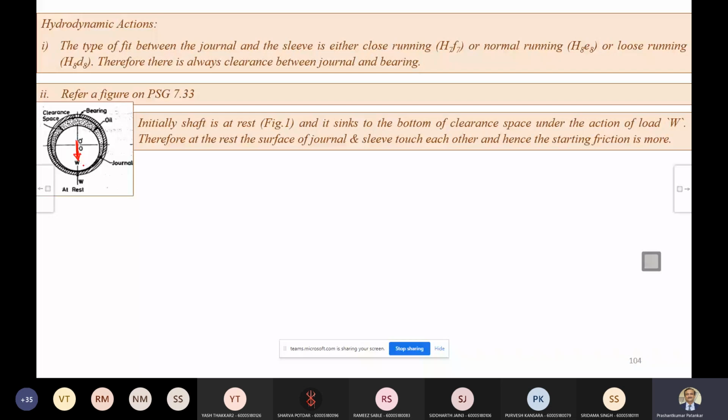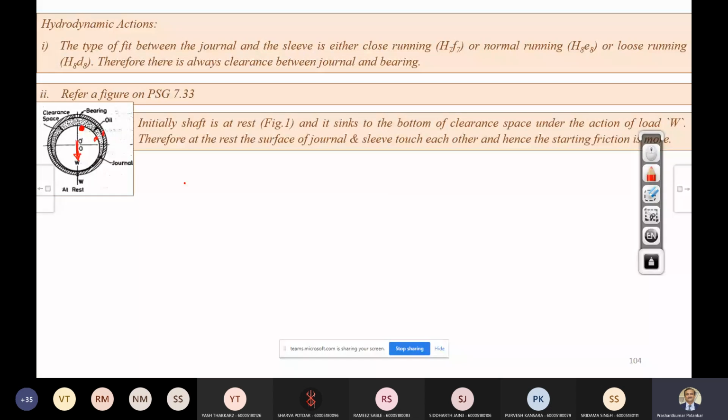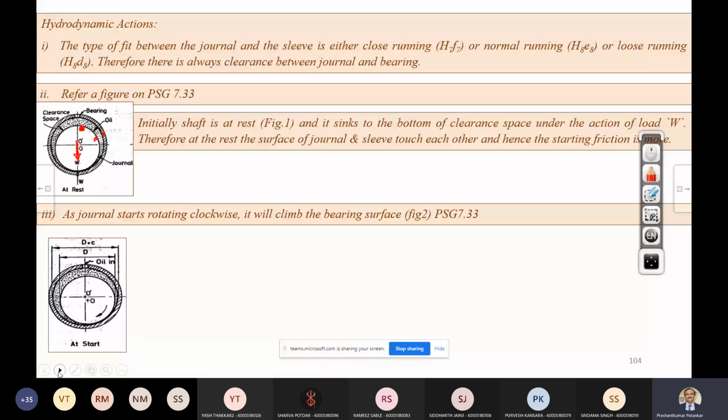These dots are showing the oil, and the innermost circle is showing the shaft journal. In this wedge-shaped lube oil region, the oil pressure gets generated once the shaft starts rotating.